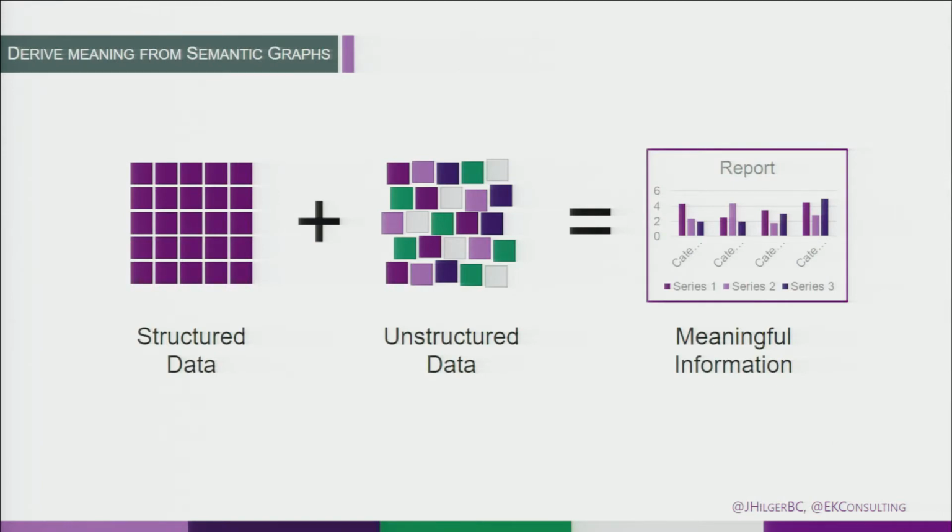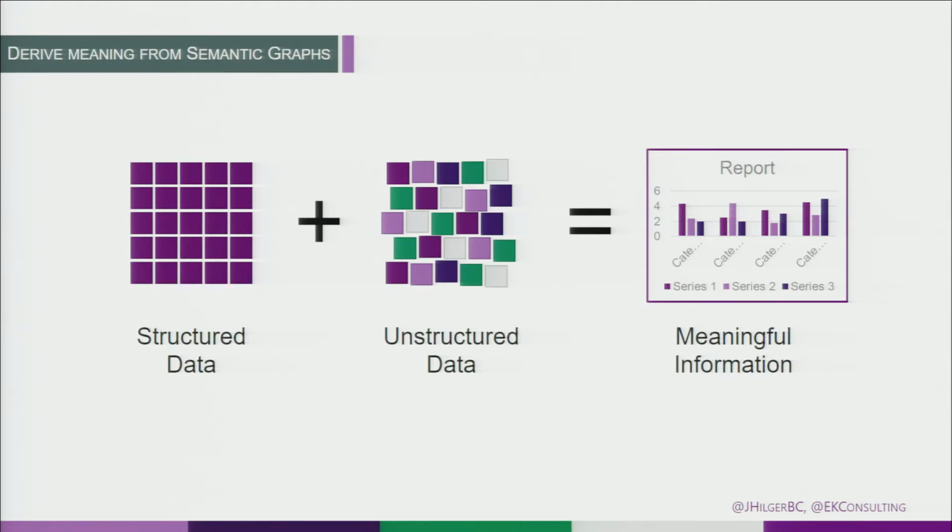So when we talk about a semantic graph, why do we use it? Typically, you've got structured data and unstructured information. You've got that content that we all talk about. And this is always the holy grail. How do we pull these together and really derive real meaning from it? This has been something we've talked about in KM for, well, as long as I've been doing it. And I'm told I look younger than I am.